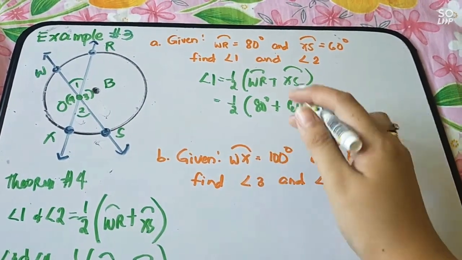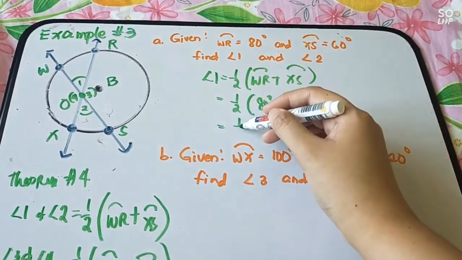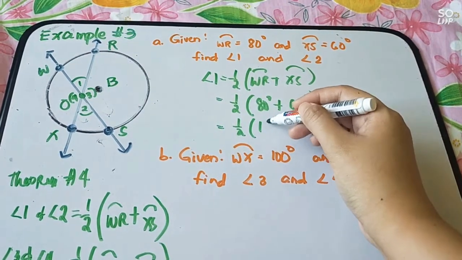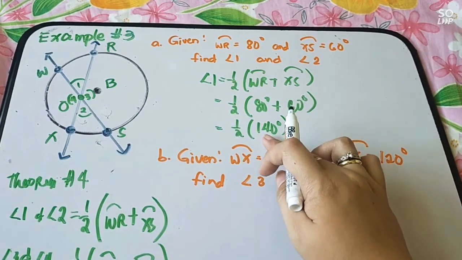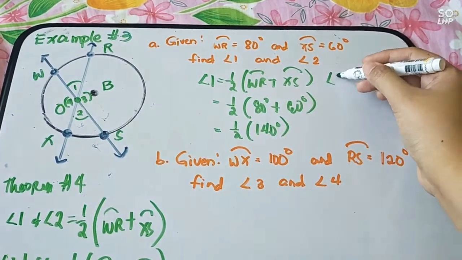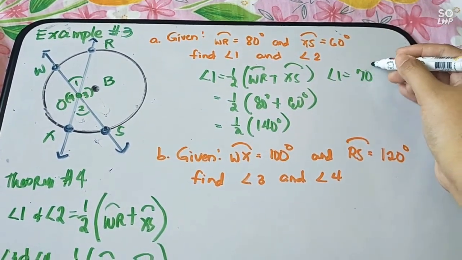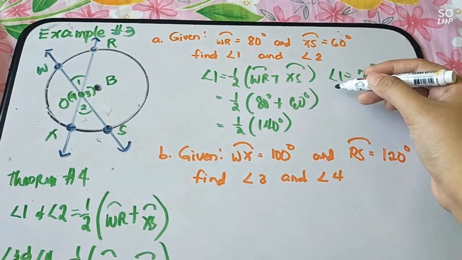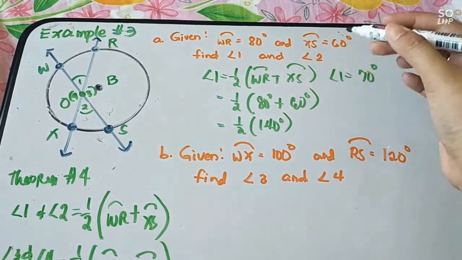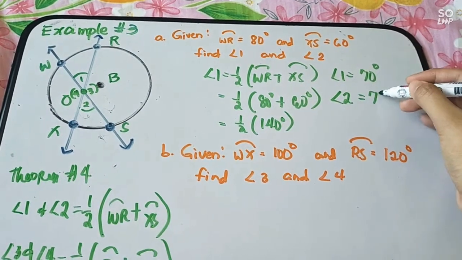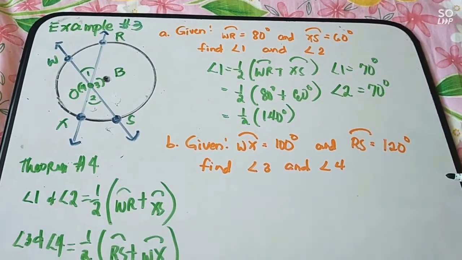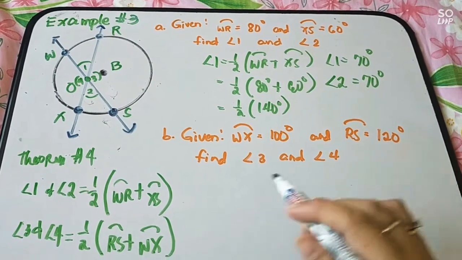So, 80 plus 60 degrees, the answer is 1/2 of 140 degrees. Anong kalahati ni 140? So, angle 1 is equal to 70 degrees. So, since angle 1 and angle 2 are just vertical angles, they are equal. Therefore, si angle 2 is also 70 degrees. Is it clear? Next tayo.